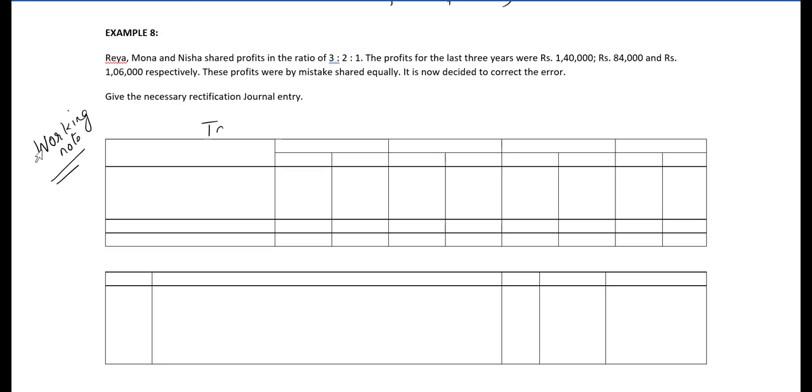Table showing adjustment to be made. Particulars.